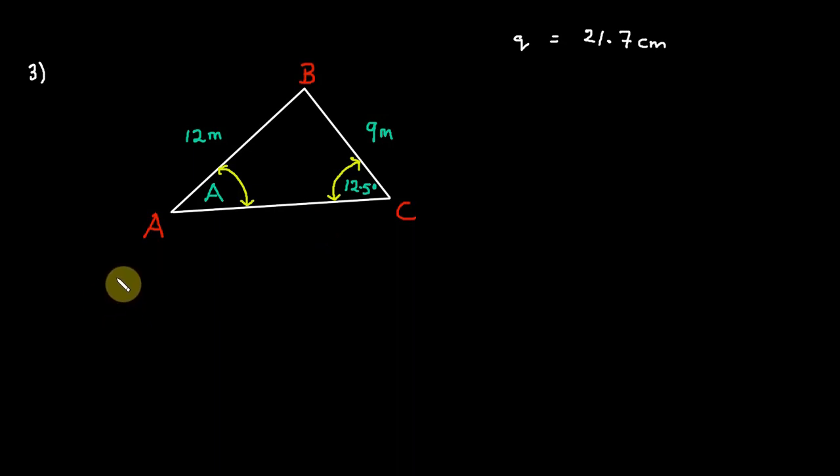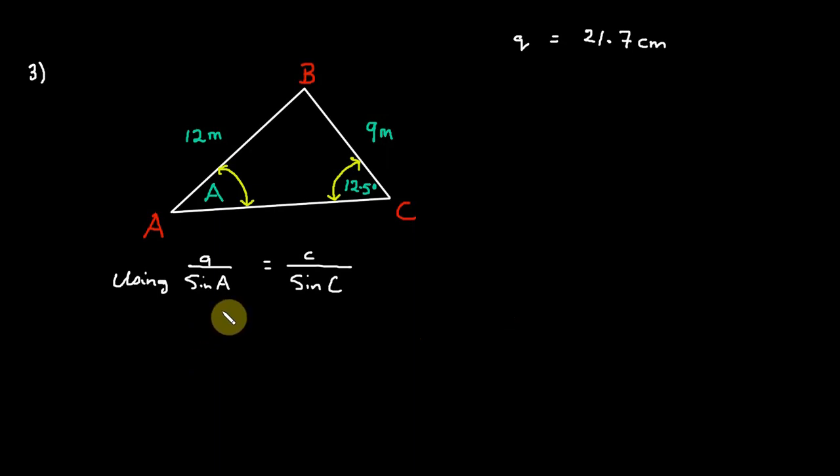And we write this for the examiner to see exactly what we are using. So using small a divided by sine of angle A, we're not using B, but we're using C. Small c, or side C, divided by the sine of big C, or angle C. And then we substitute.